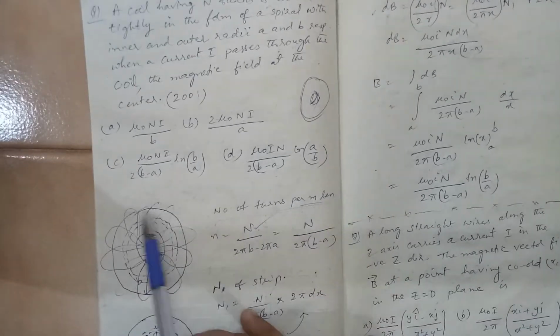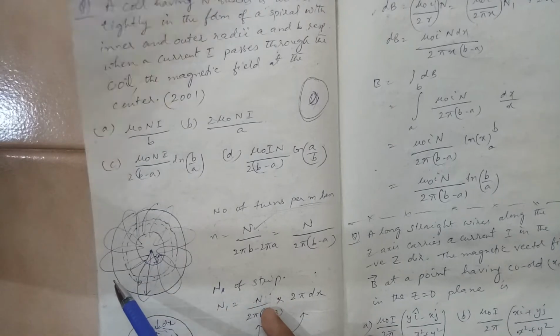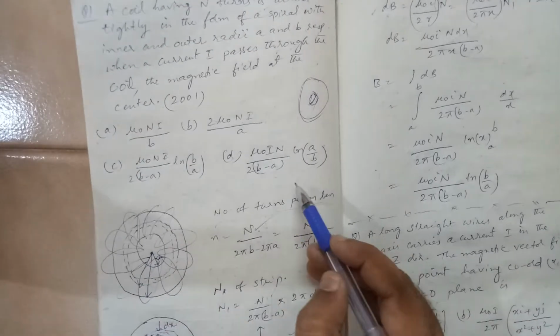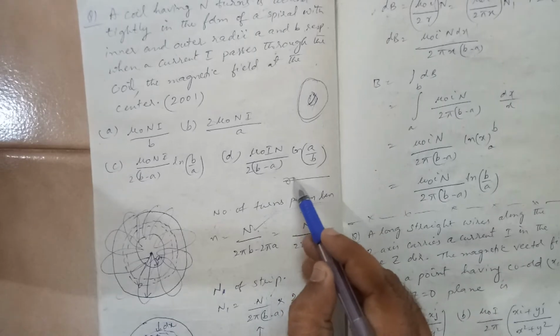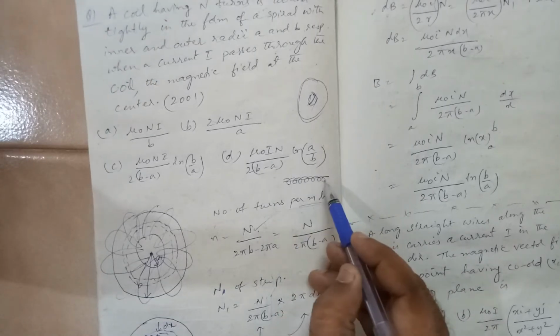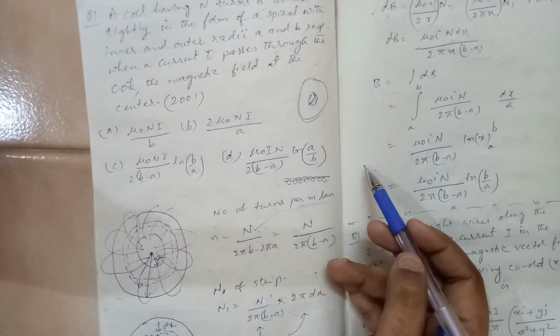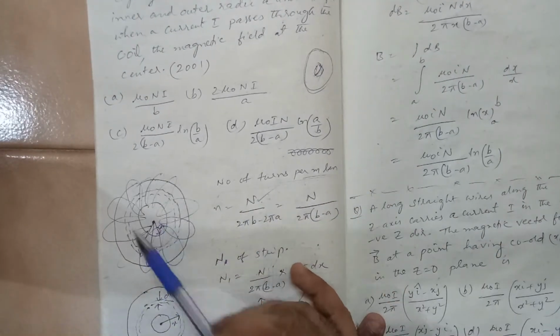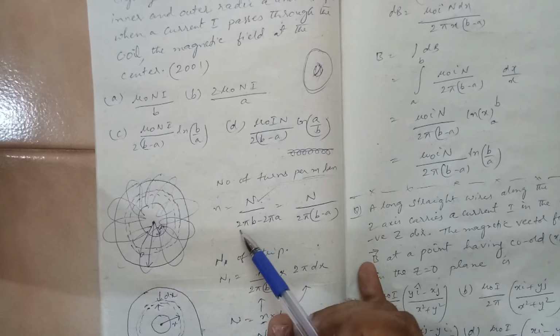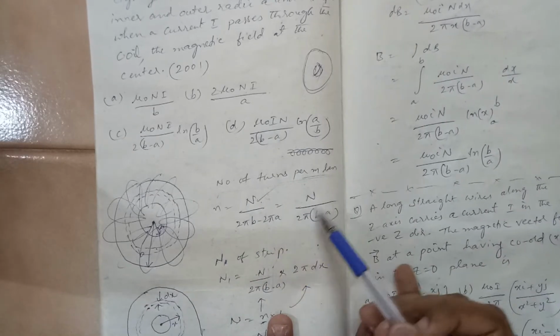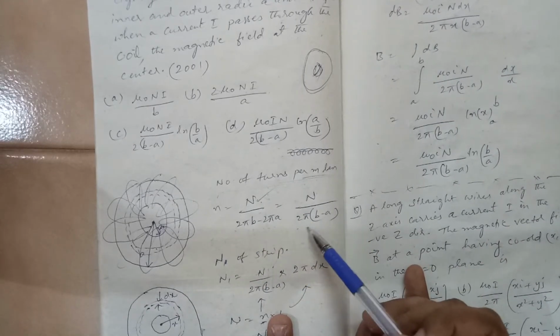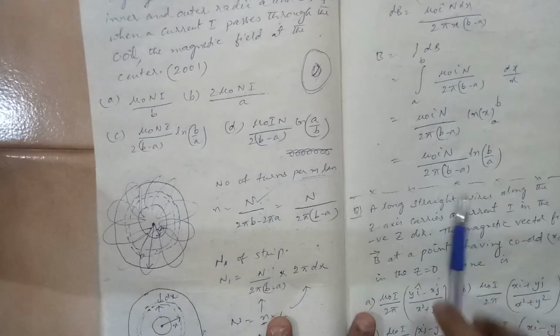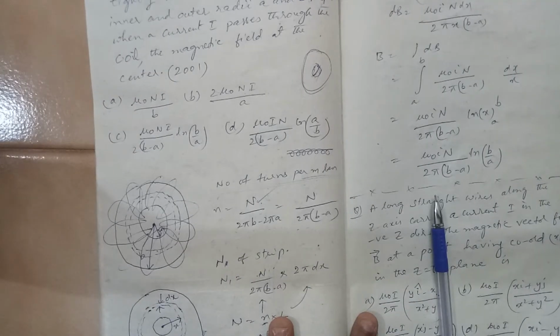So you can see here there are two concentric circles. Basically if I take a rod and I wound it, n turns are there divided by the length of the rod. Now here what is the length? It is the outer perimeter minus the inner perimeter. So n divided by 2 pi b minus 2 pi a, which is nothing but n divided by 2 pi into b minus a. This is the value of small n.